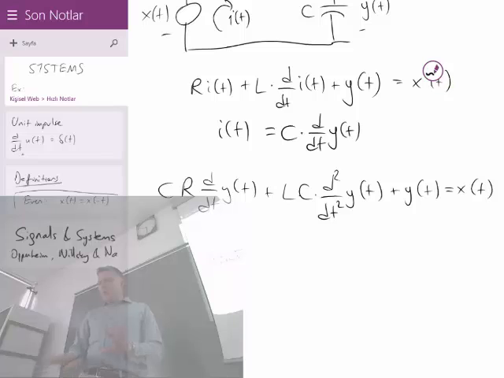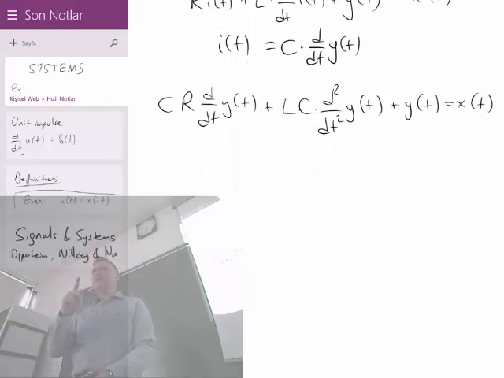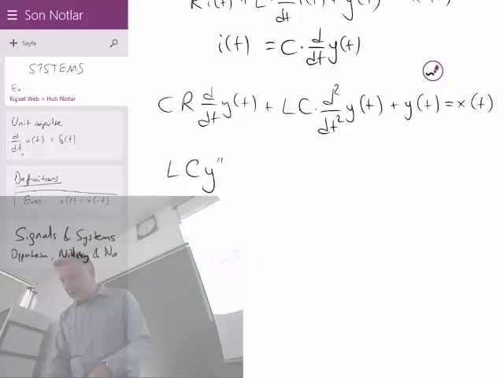Now, the ordering is not very nice, but it's a second order differential equation. Let's get rid of the notation of d by dt or d squared by dt squared. Let's put primes like we do in calculus. It's L C y double prime of t plus R C y prime of t plus y of t is equal to x of t.